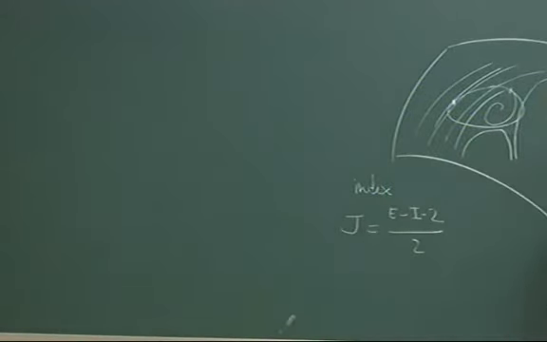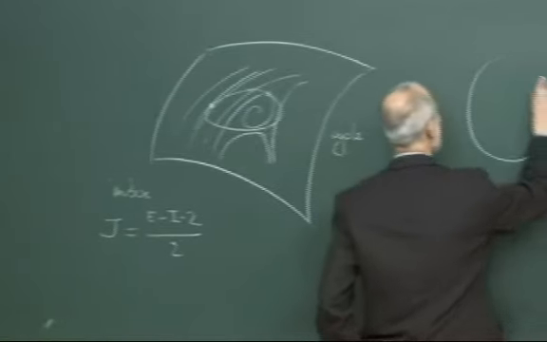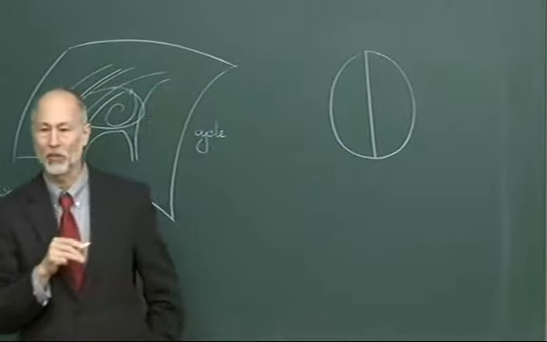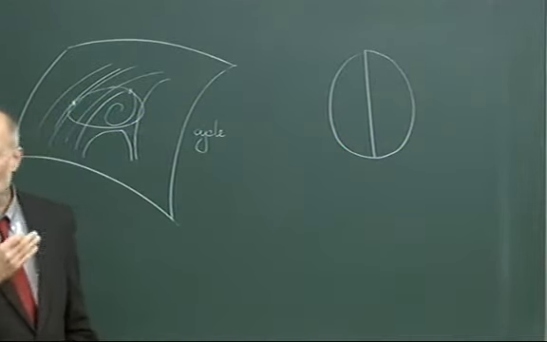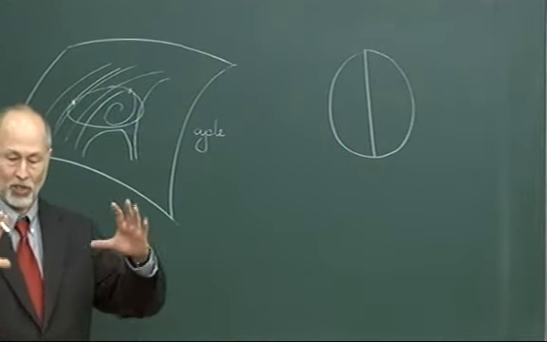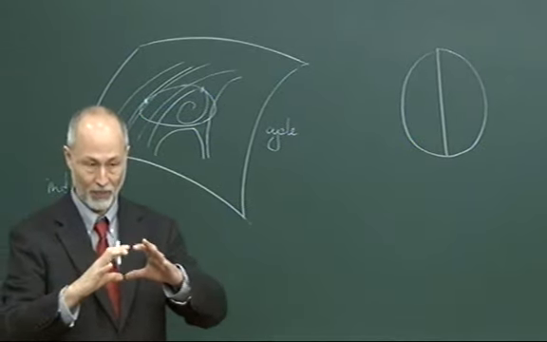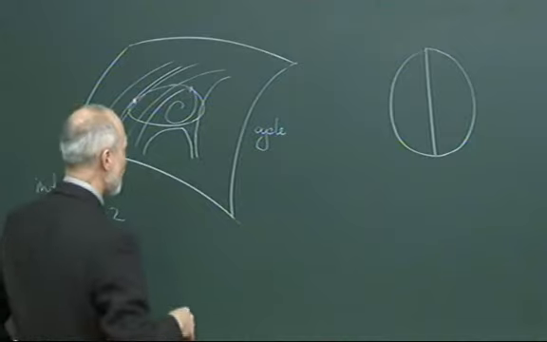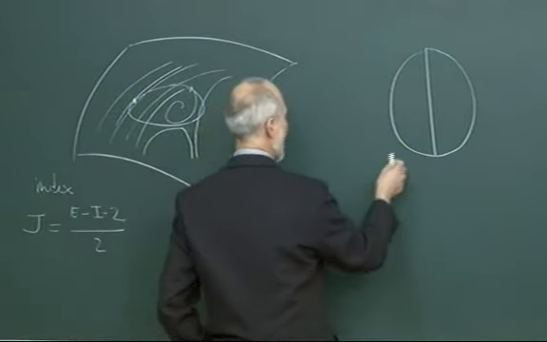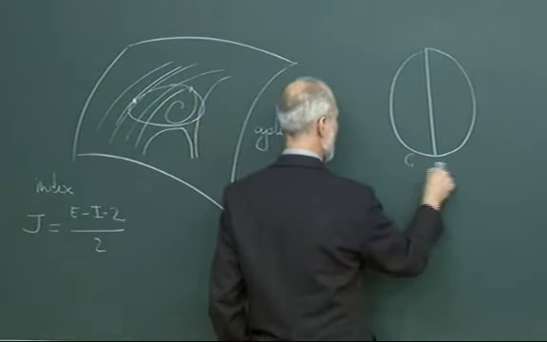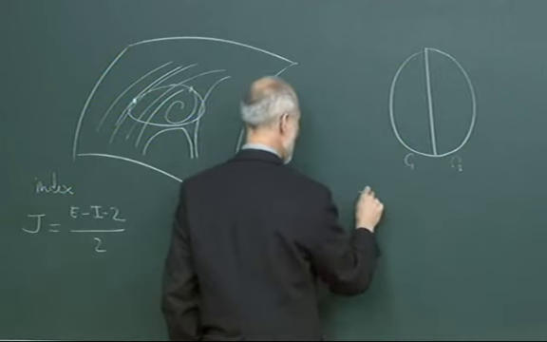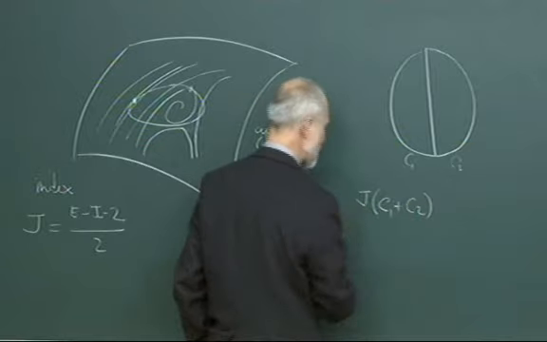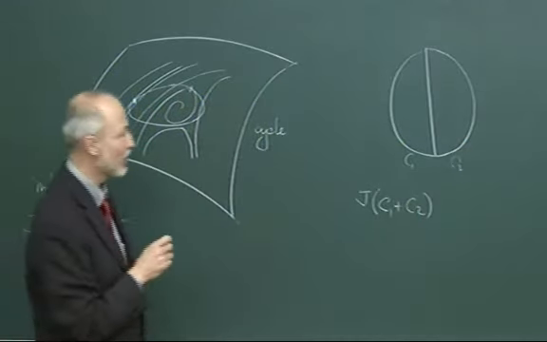Poincaré proves the following fact. Suppose I have a cycle which I think of as being built out of 2 cycles. So in other words, I take 2 cycles and I glue them together along one edge. So I have cycle 1, cycle 2, and I want to look at the sum of these 2 cycles and look at their index.